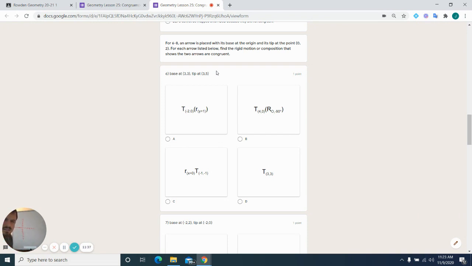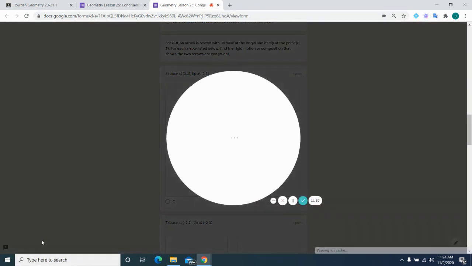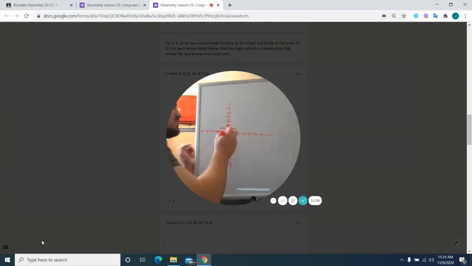Okay, so the base is at 0, 0, the tip is at 0, 2. So the tip is right here, the base is at 0, 0, so basically we have an arrow that starts at the origin and the tip is at 0, 2.